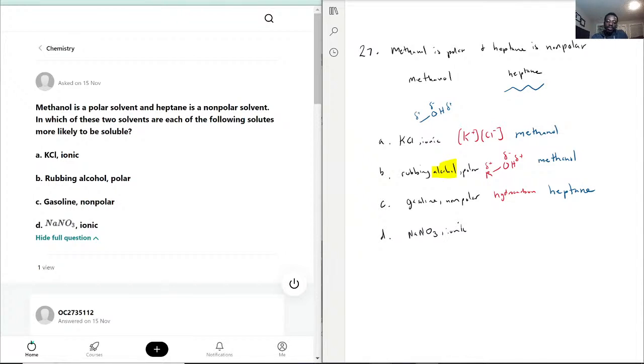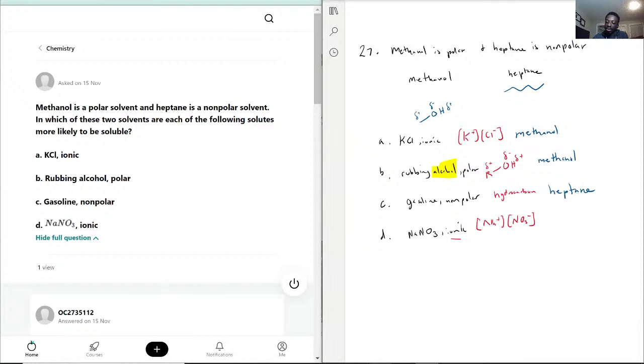So that's that answer there. Now for NaNO3, this is going to be a shorter explanation because it works exactly like KCl. It even says ionic, so it's going to have that Na side and the NO3 minus.